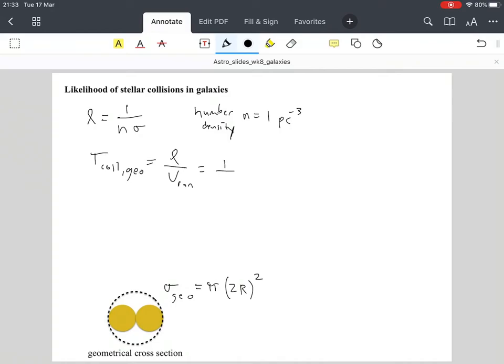Now we're using this mean free path with the geometrical cross-section, and we also have to include the velocity. And this makes sense from dimensional analysis, that you have a length divided by a velocity gives you time. And this velocity, notice the subscript ran, which is saying that this is the random velocity.